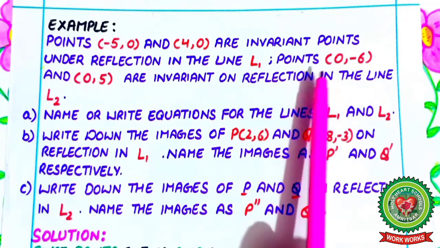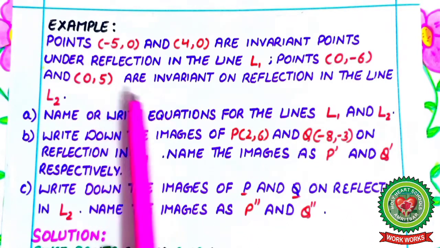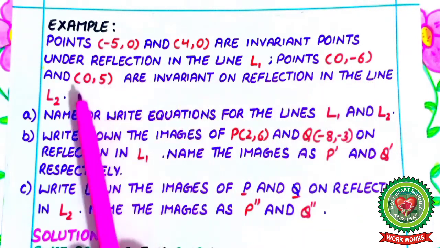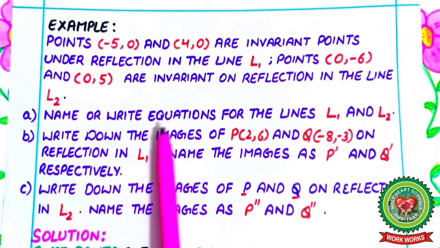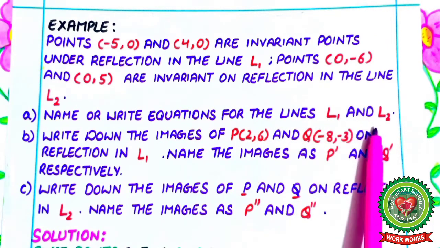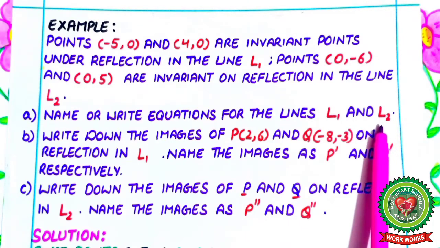Points (0, -6) and (0, 5) are invariant on reflection in the line L2. First of all, we have to write the equations for the lines L1 and L2.